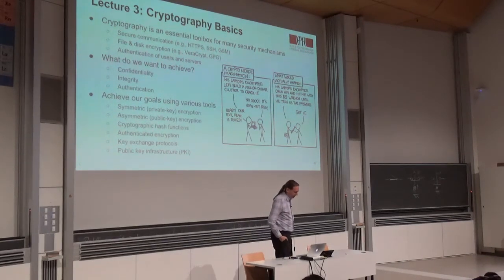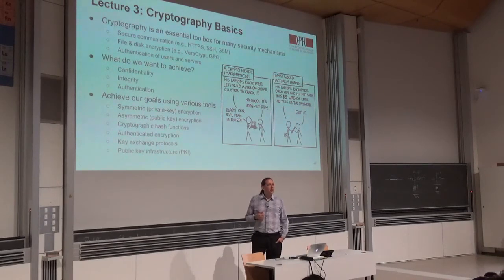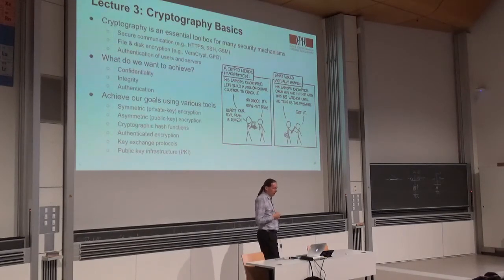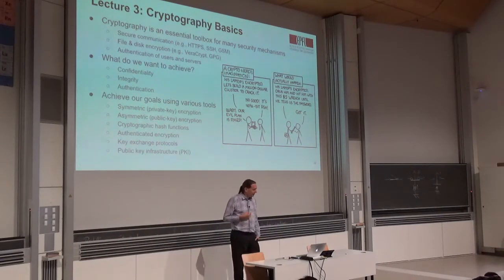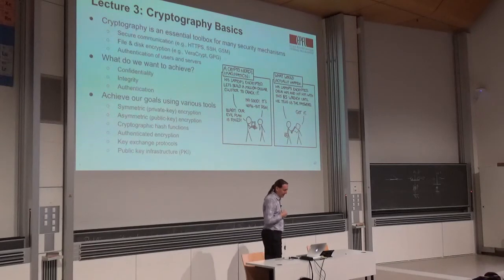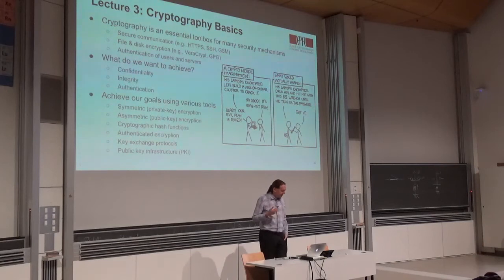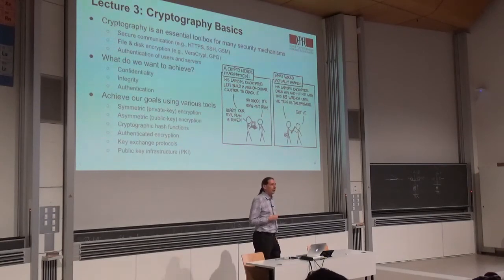And so we'll review basic cryptography concepts: symmetric and asymmetric encryption, cryptographic hash functions, authenticated encryption, key exchange protocols, and some of the security properties they provide, like confidentiality, integrity, and authentication.